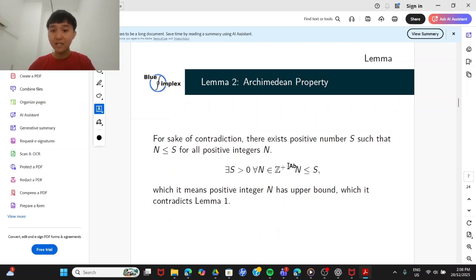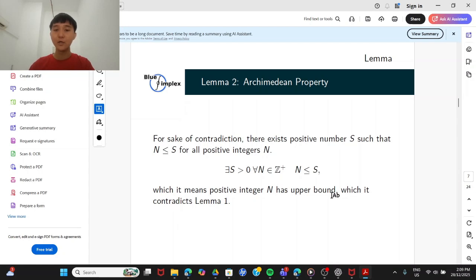Notice that n is inside the positive integer set and s is an upper bound. Level one already told you the set of positive integers has no upper bound, so it contradicts level 1 and we have already proved level 2a.